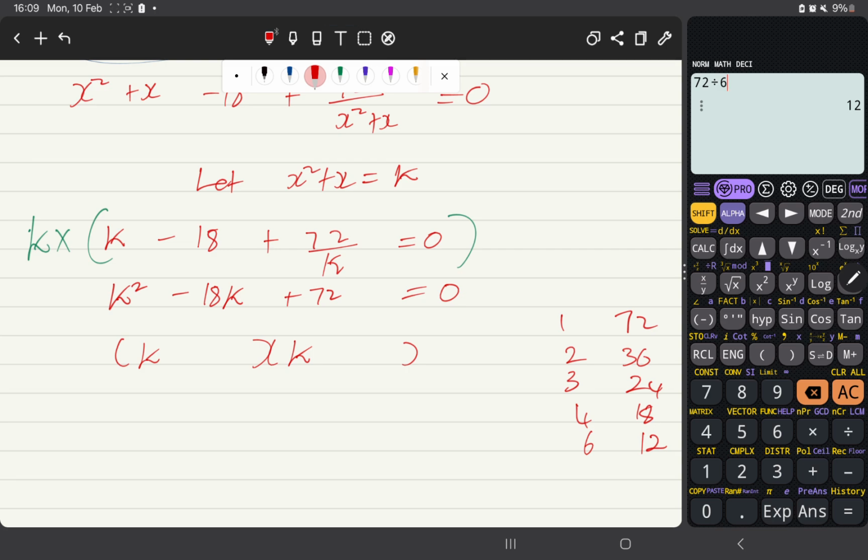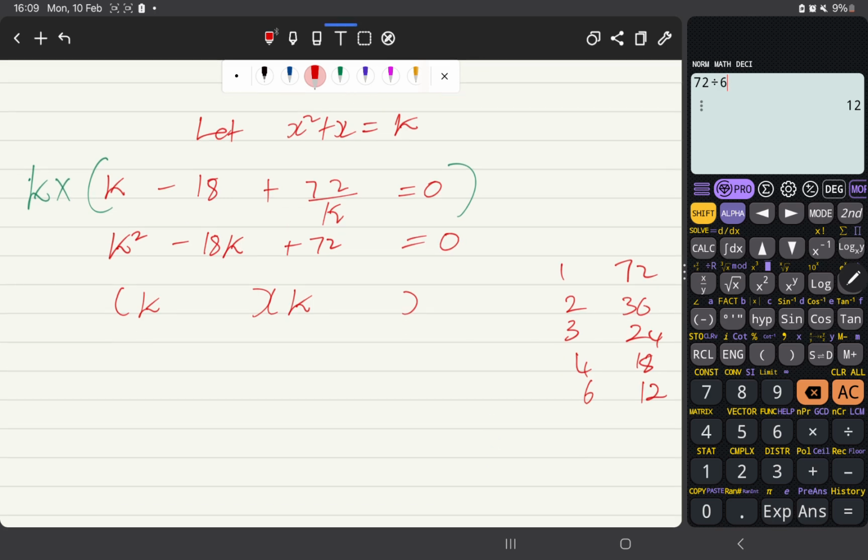I can just stop right here because I have a pair that gives me minus 18. If I have minus 12 and minus 6, the product gives me positive 72, and adding them gives me minus 18.